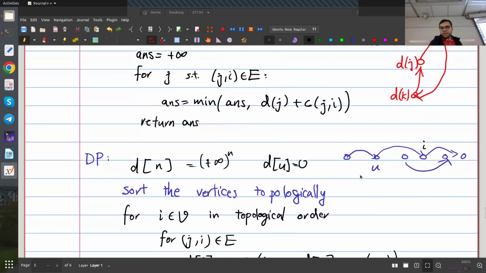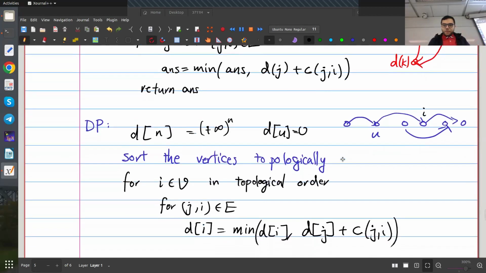So I'm basically starting from the left in my topological order, and I keep going right, and I keep finding distances to all the vertices. By the way, the vertices that appear to the left of U itself are going to have a distance of plus infinity, because all of my edges are going from left to right. And if a vertex is to the left of U, there is no way I can reach it from U.